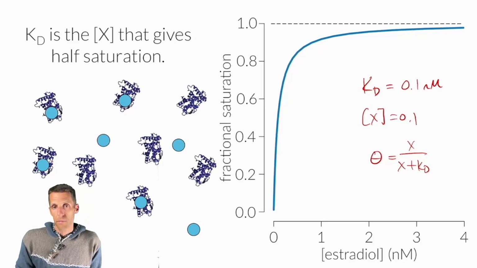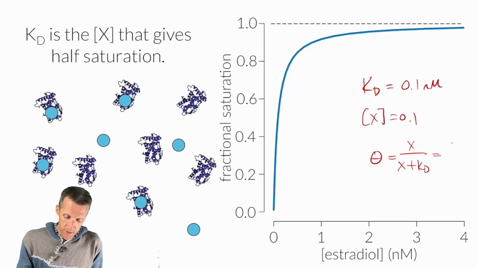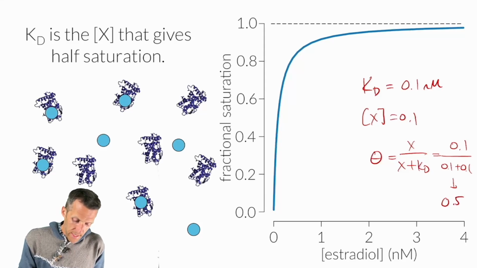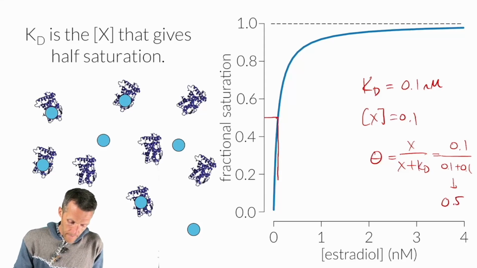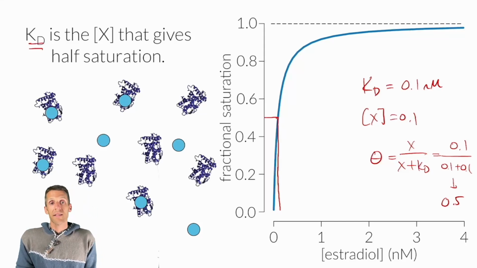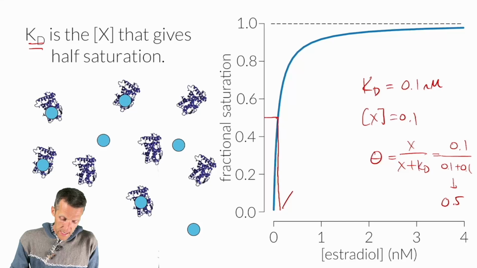There's our relationship: theta equals x over x plus KD, which equals 0.1 over 0.1 plus 0.1, which equals 0.5. Cool. So what that means is that KD is the x that gives half saturation. So right here, x equals 0.1 equals the KD.